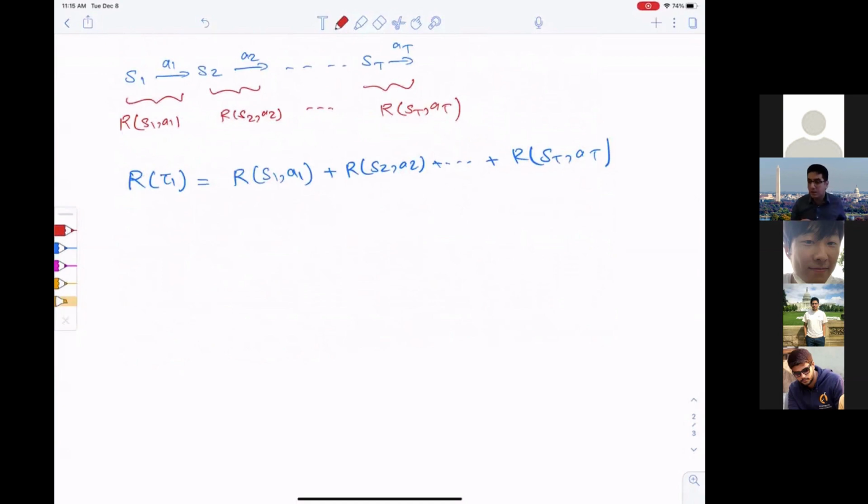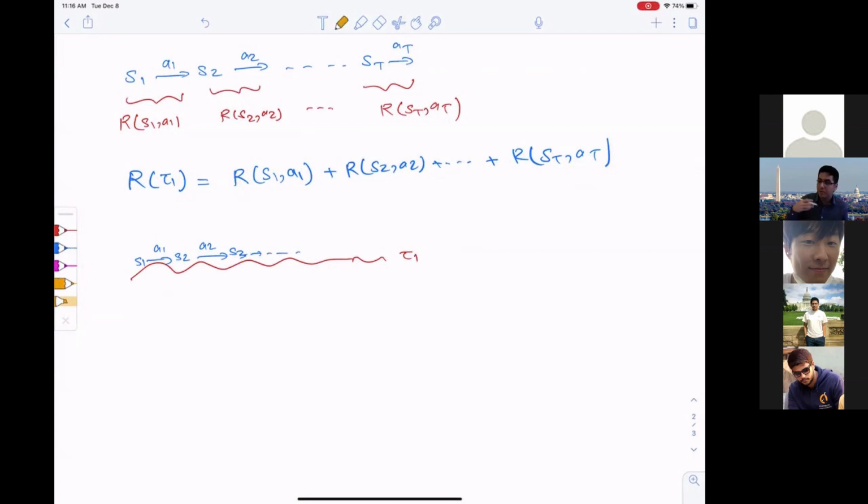Let's say I run my simulator and I generate different trajectories. Say I have a particular trajectory, let's say tau 1. Again, by this I mean S1 going to S2 by an action A1, and then I took another action A2, so on and so forth.